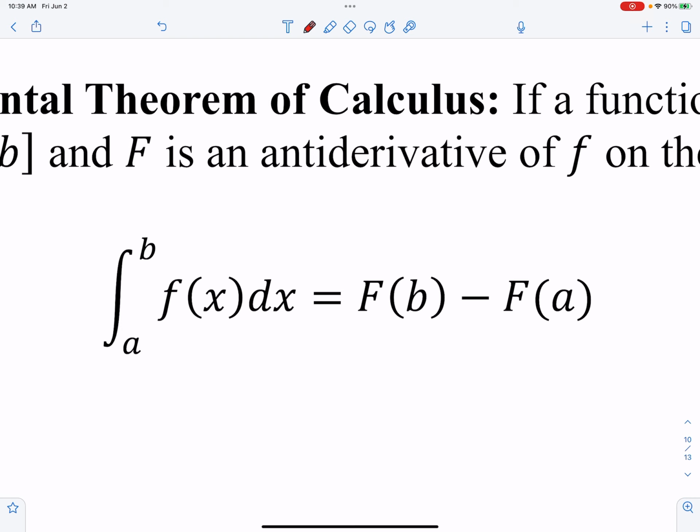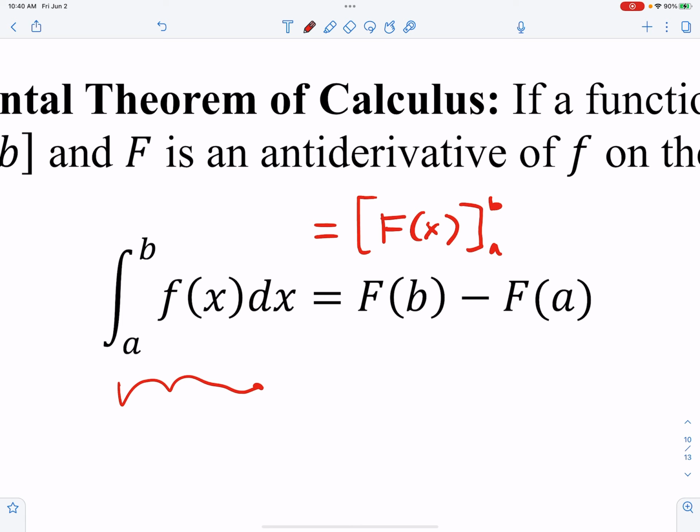So if you were to integrate lowercase f of x using those same integration rules we just talked about, like power rule for integration, u substitution, you would find capital F of x if possible. And then those are your limits of integration. So the first fundamental theorem of calculus says that this definite integral is equal to capital F of b minus capital F of a.